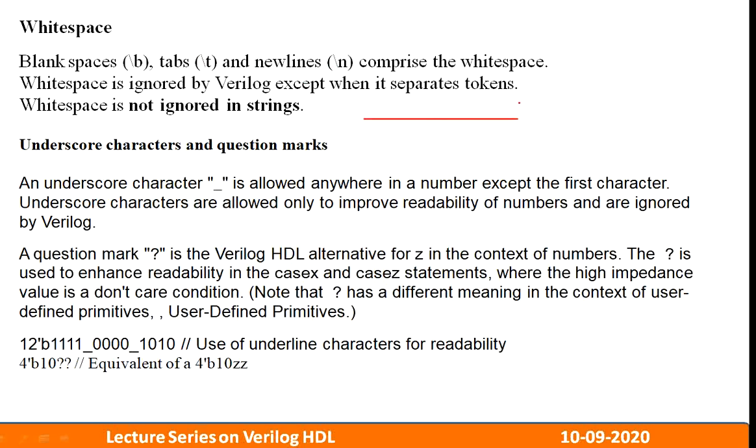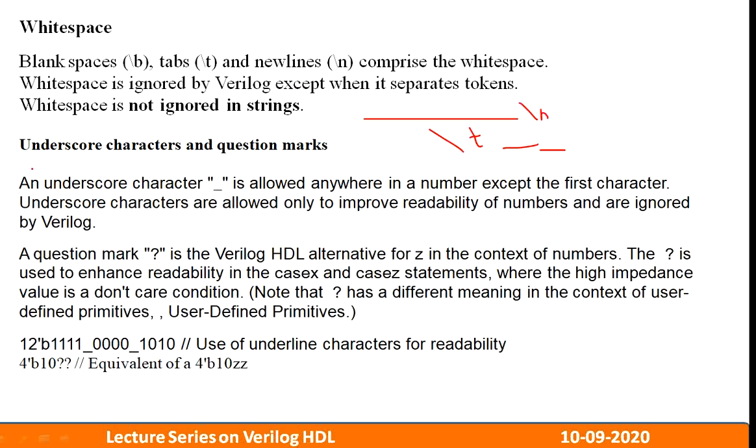If I write \n, whatever line you write next will be taken to the next line. And if I write \t, one tab space will be given. All these help us to increase the readability and give a better view of the program.